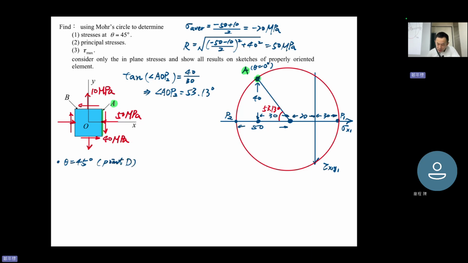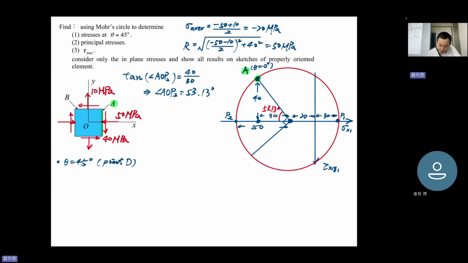Point D. In the real world, if we go up to 45 degree, which means that in the circle, you get 90 degree in the same direction. So we are going to get the angle with 90 degree, right?